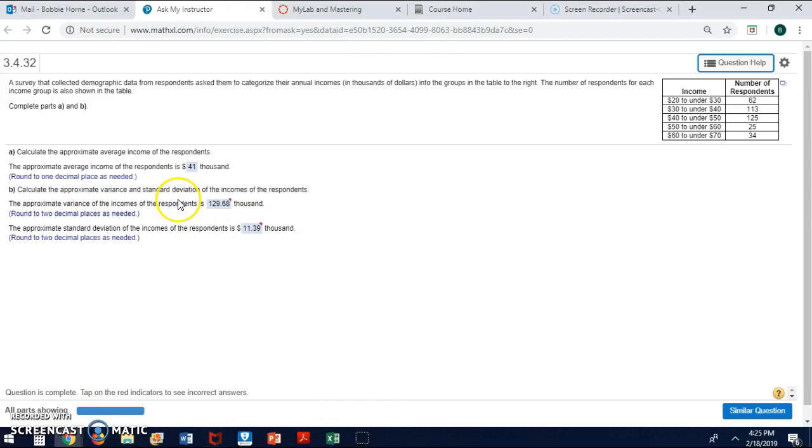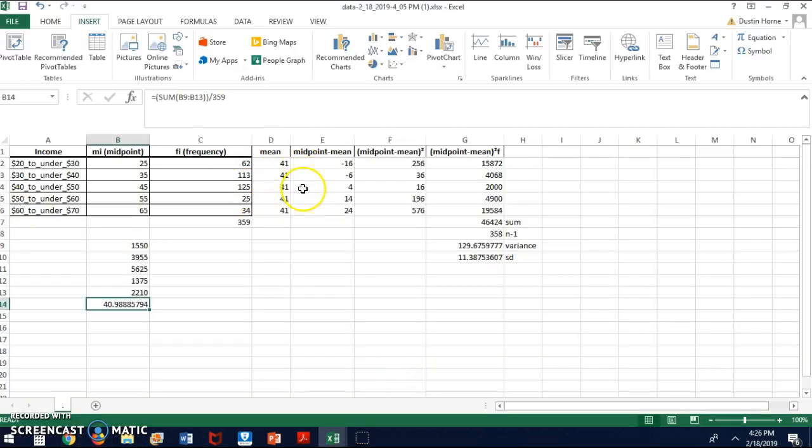Okay, and then for the approximate variance and standard deviation, to calculate the variance, it's similar to what we did before, except now we're going to take the midpoint and subtract the mean.